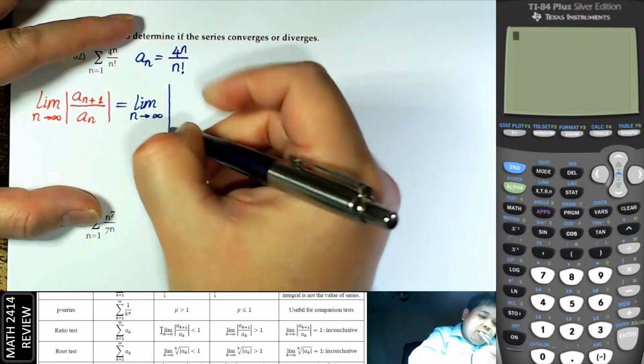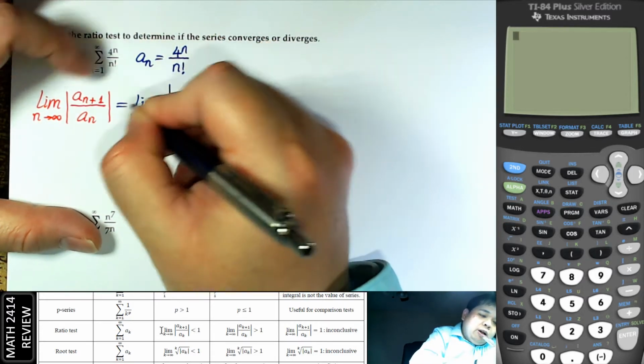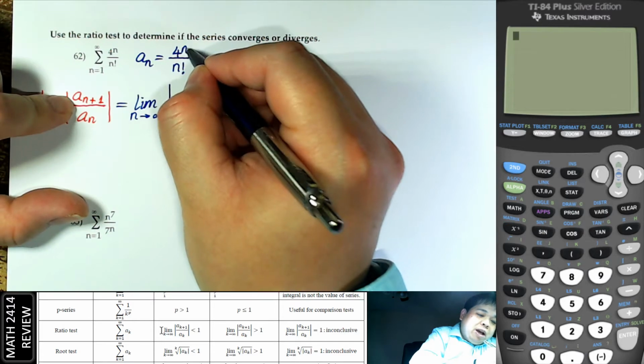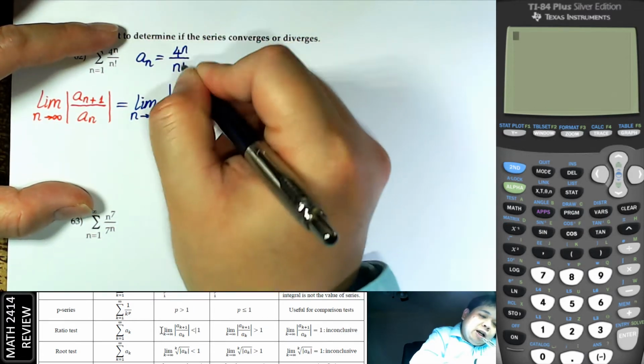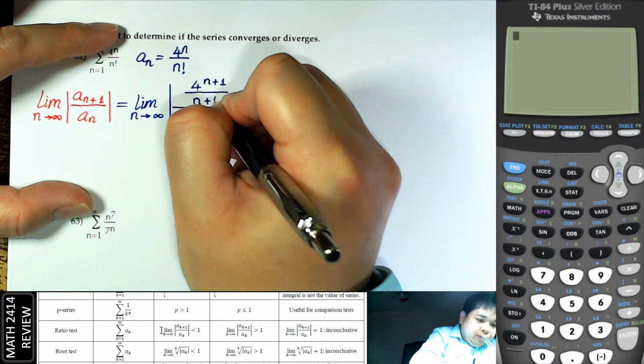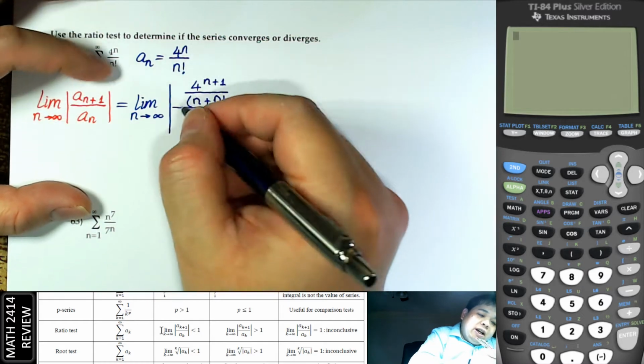So there's absolute values of a sub n plus 1, where we have n plus 1 substituted into n, and we have n plus 1 factorial, and then over a sub n.